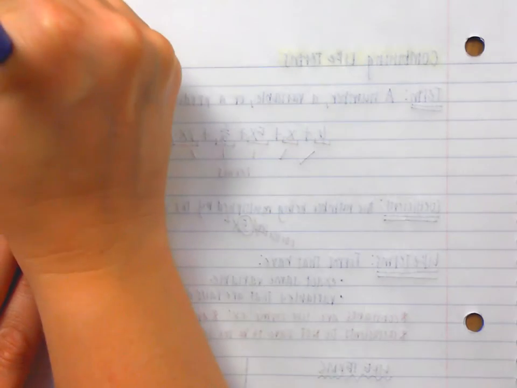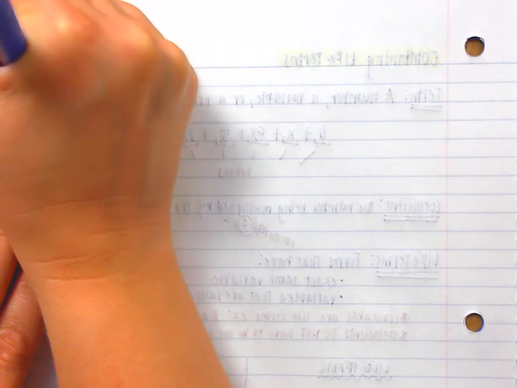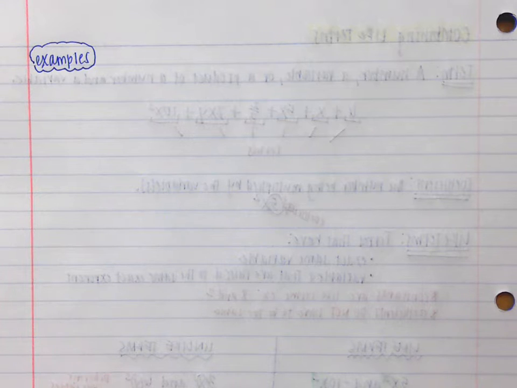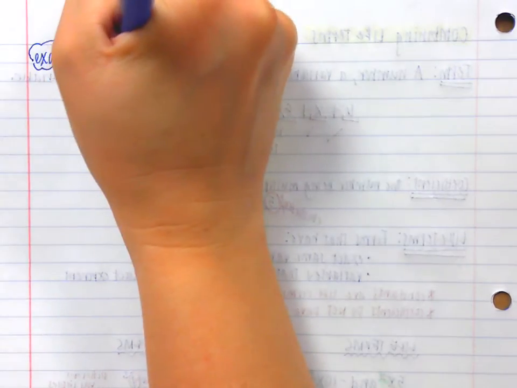Some of you guys can see it just without really needing to do anything, which is great. You do that, and I'll show you guys different ways that you can combine like terms visually so you can visually see it to help you. Okay, so for all of these, we are just going to simplify each expression.